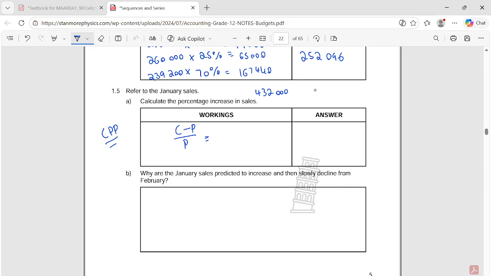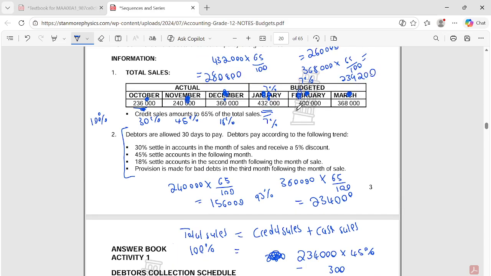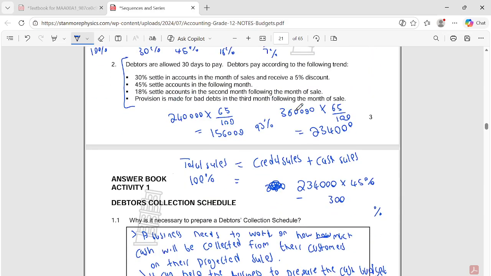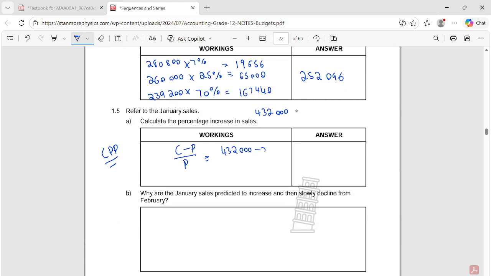So my current amount is 432,000, and I'm going to subtract my previous amount. My previous amount is the previous month's sales, which is December. So I'm going to go to December, where we have 360,000. I subtract 360,000 here.